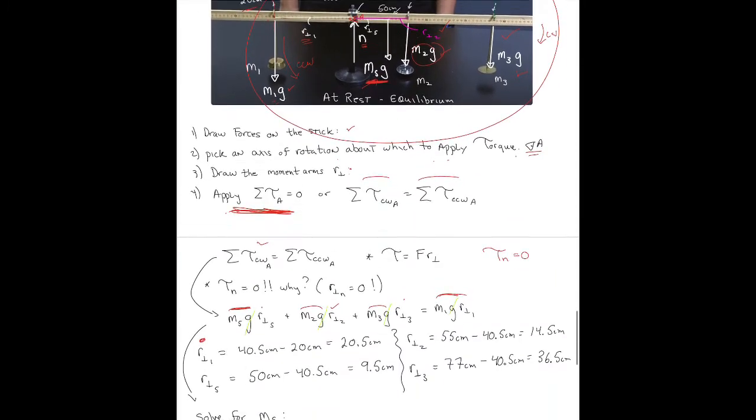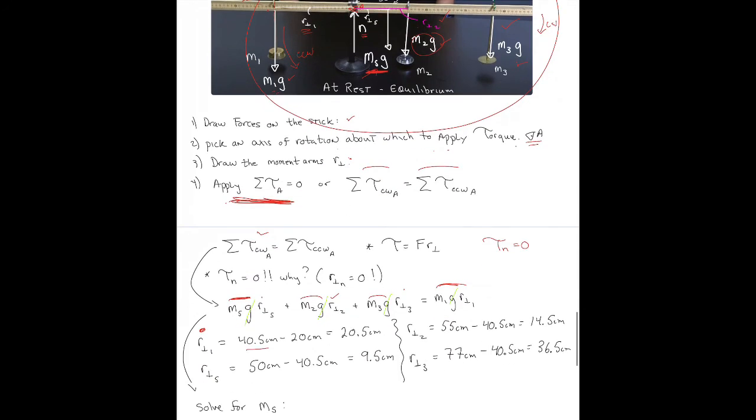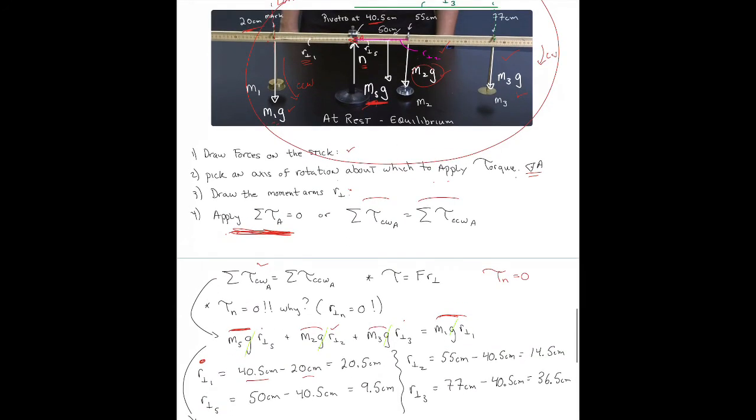So to find R1, I had to do 40.5 centimeters minus 20. That's what I did here. So I found the distance from where M1 is hanging to where the pivot point is. I did the same for the stick, because the center of mass of the stick is at 50, but the pivot point is at 40.5, so the distance between those two is that.